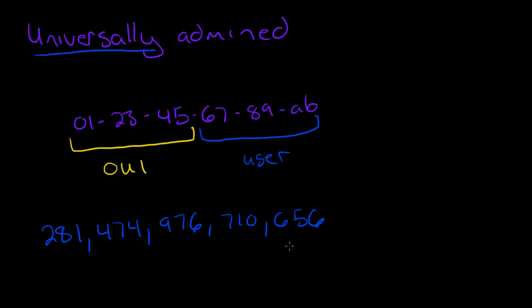Now, the other kind of addresses that are available are what are called locally administered addresses. And these are often used on network gear or for other special functions.